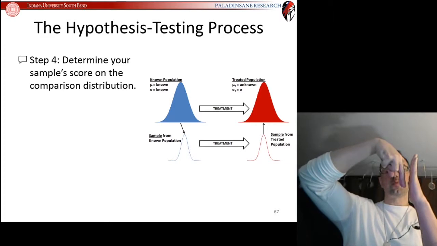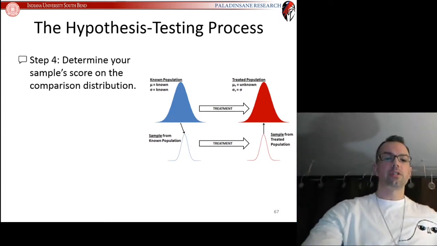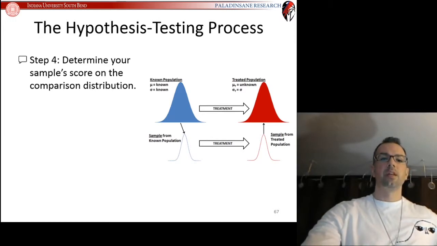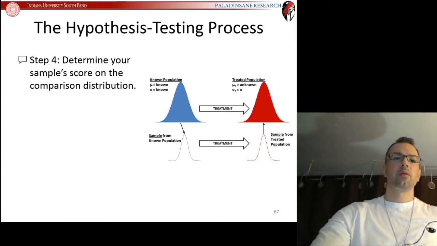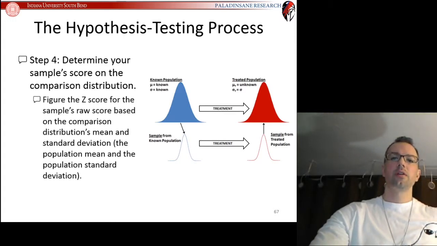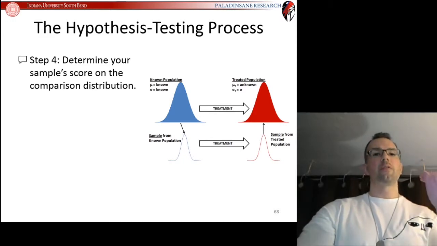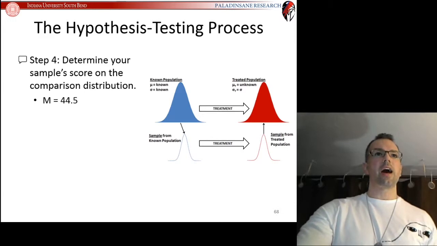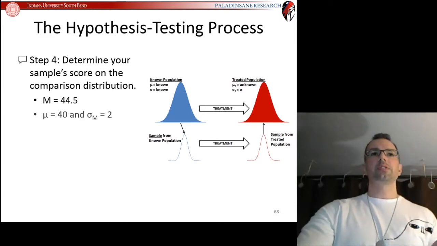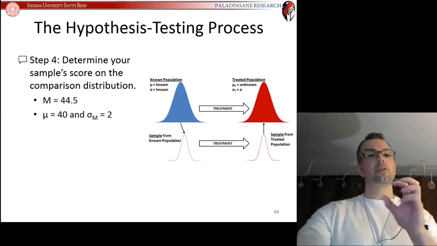We have to find if our sample has walked up to the line or has our sample crossed over the line that we determined in step 3. So we determine our sample score on the comparison distribution. We got to find out that z-score. So now we use the corrected data. Our mean is 44.5, not 43.5. Remember that, grad student, it's 44.5. Our comparison distribution has a mean of 40 and a standard deviation of 2.